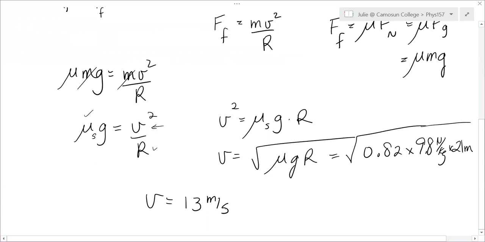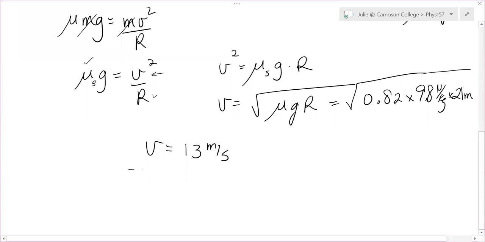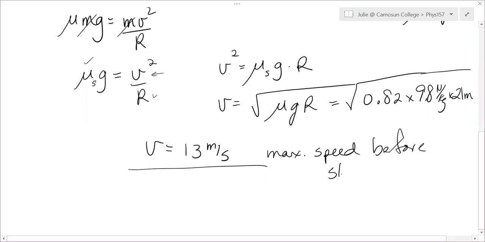After that, things would start to slide, whether it's the tires on the road or depends what the coefficient of friction is between the tires and the road, but for the steel box and the steel bed of the truck, that would be the maximum speed before you start to slip.